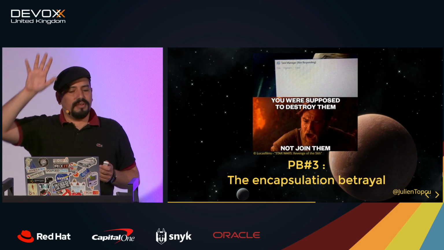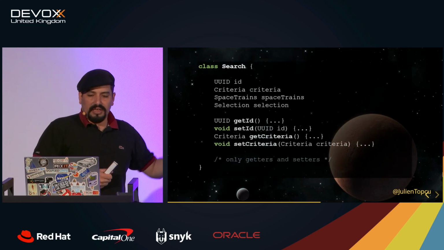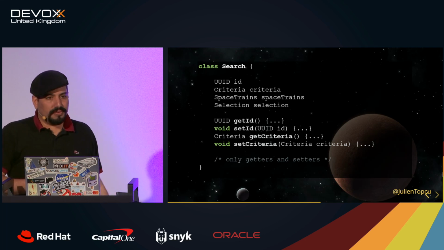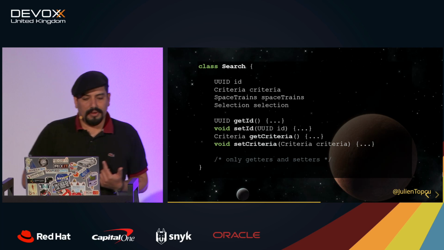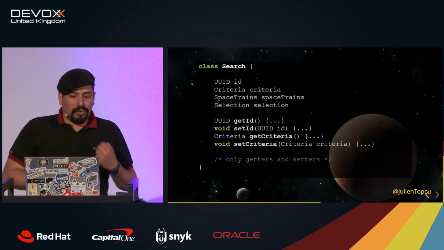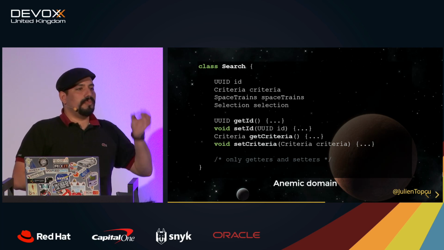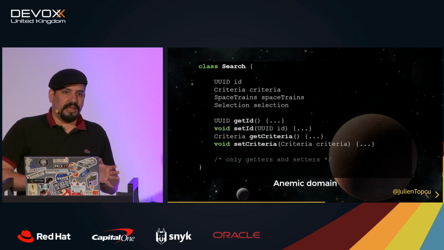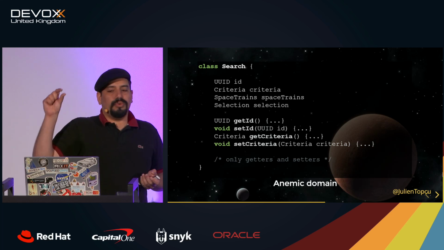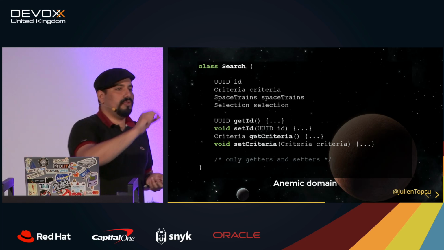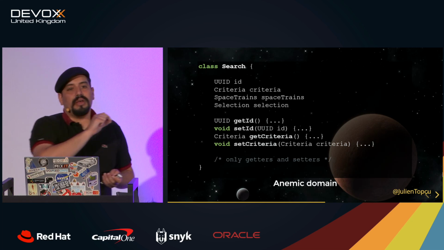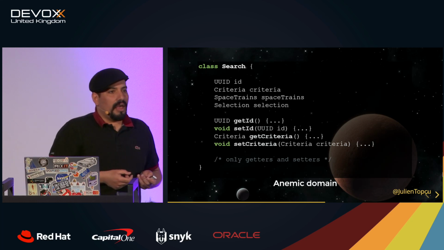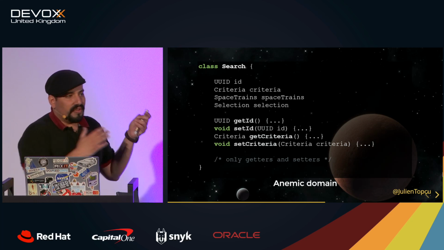Yes? So basically, if I take that class, I have a search class. In that class, I have attributes, and I only have getters and setters. This is what Martin Fowler called an anemic domain, because there is no behavior attached to that class. There is no encapsulation there. It means that each piece of code which is using the search will have to implement the business logic of the search and do defensive code to make sure that the search is in a consistent state and verify all the invariants of that search.